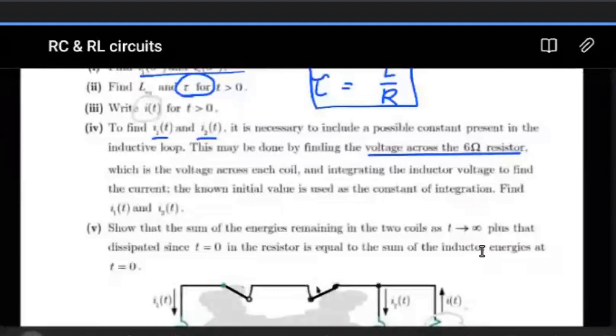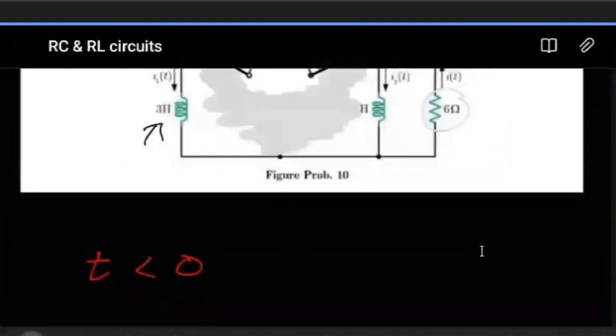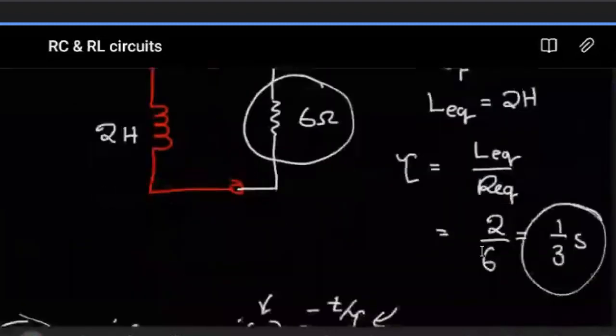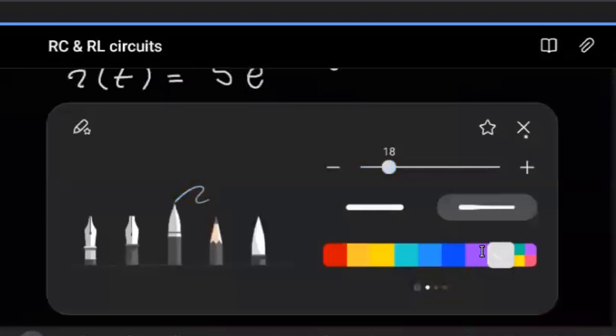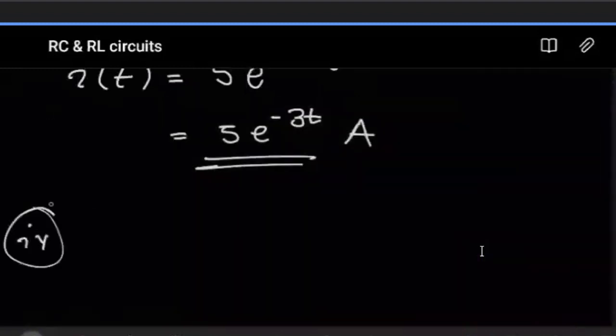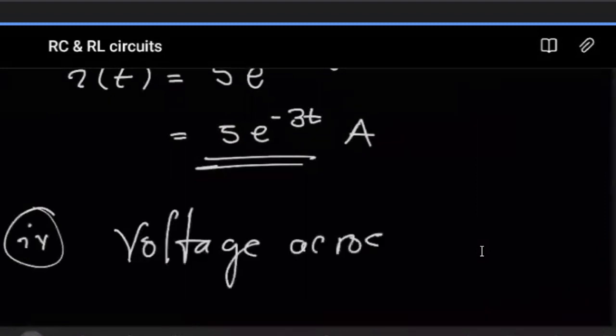So let's find the voltage across the 6. Okay, so let's begin there. This is number 4. So the voltage across 6 ohms.